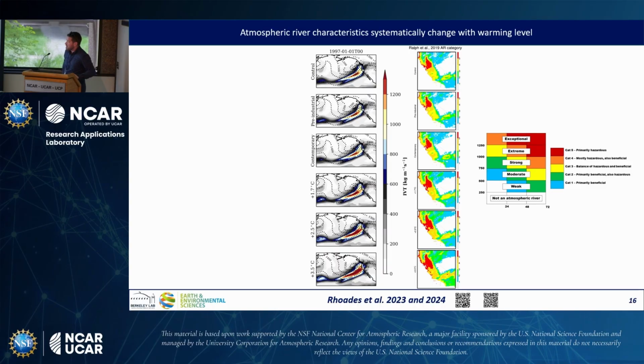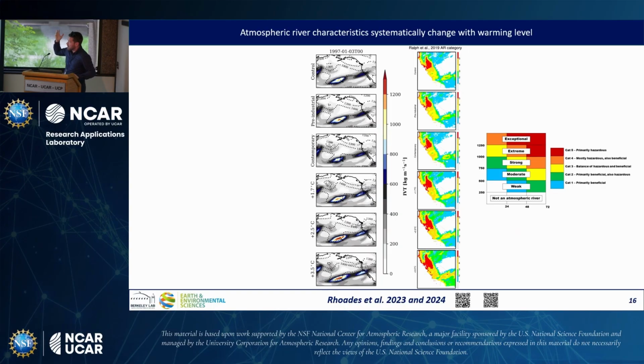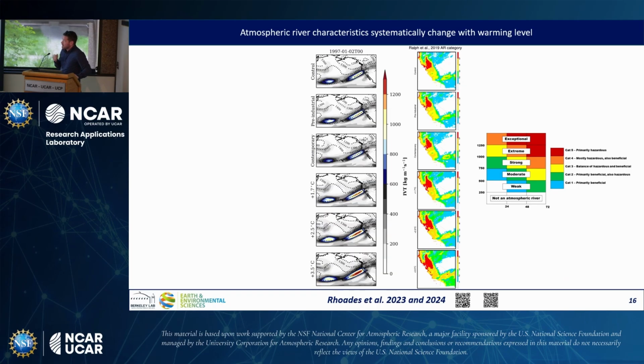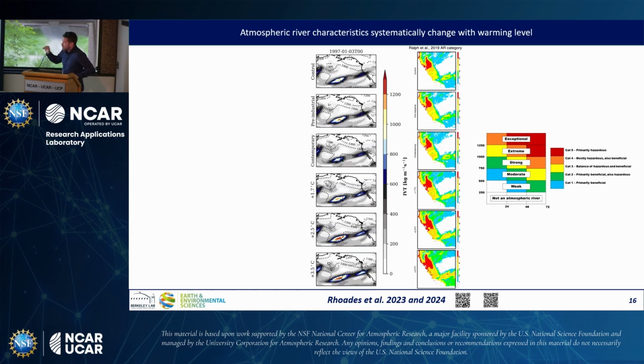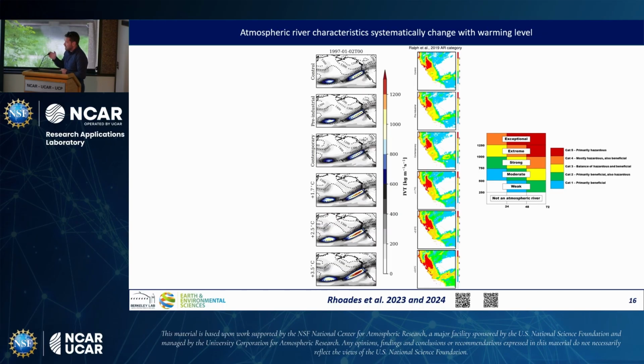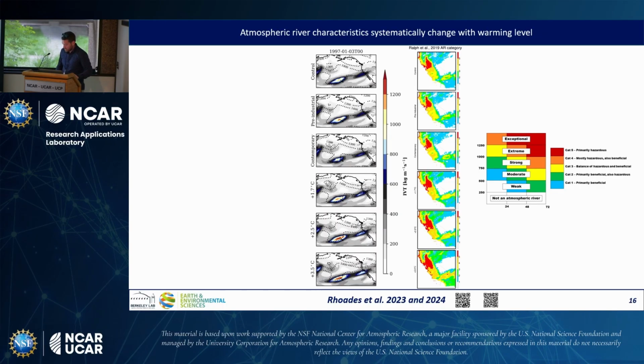From pre-industrial to control, there's not a lot of difference in the area where high severity AR category 4 or 5 was reached, meaning this event was already probably very rare and weakly responding to warming. But as you get down to 1.7, 2.5, and especially 3.5, that area of category 4 and 5, primarily hazardous conditions, starts to expand across more of the northern part of the state especially, but also down into the southern part of the state.